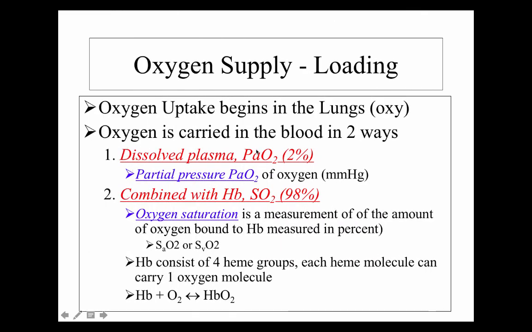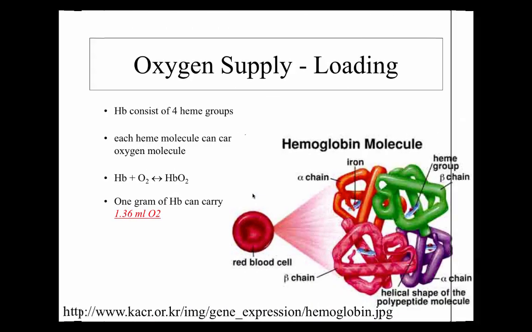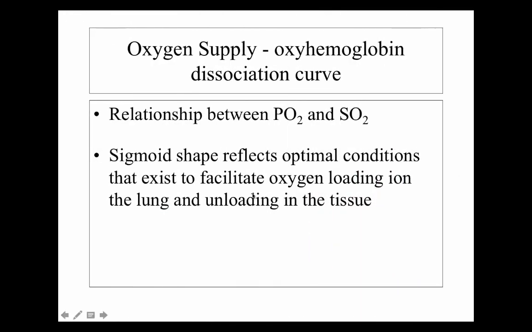So again, dissolved plasma oxygen, the PaO2, combined with the oxygen that's bound to hemoglobin, the SaO2, there is a relationship between those two elements, and it can be shown in this oxyhemoglobin dissociation curve. There's a relationship between the PO2, the dissolved, and the SO2, the bound amount of oxygen.